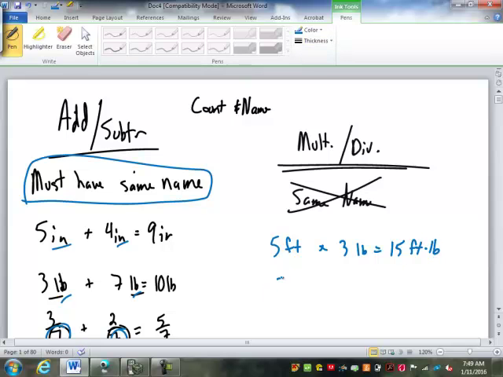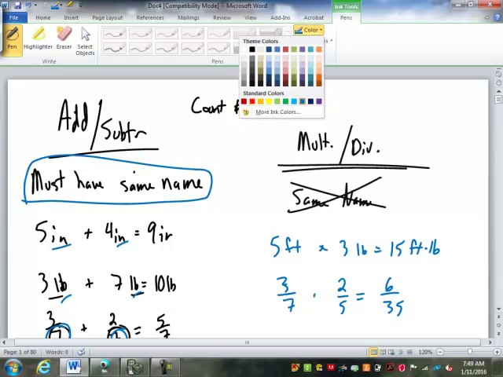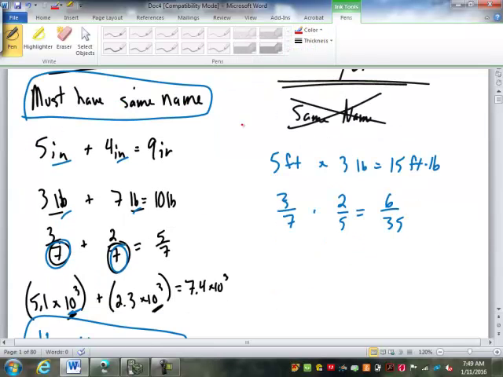We can multiply 3/7 times 2/5. 3 times 2 is 6. 7 times 5 is 35. We don't have to have the common denominator. And that's because when we multiply or divide, we're going to combine the names. Multiplying feet times pounds makes foot-pounds. 7ths times 5ths makes 35ths.